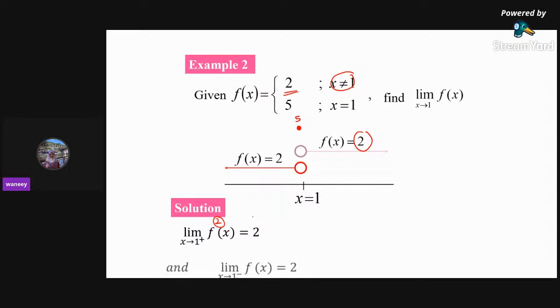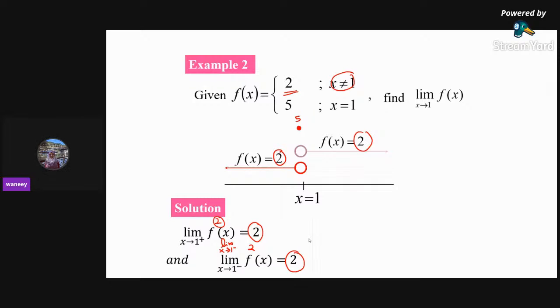And then the limit as x approaches 1 from the left hand side. So this is 1 on the left hand side. The function is 2 again. So this is the limit as x approaches 1 from the left hand side of 2, which is simply equal to 2. As you can see, on the right hand side and on the left hand side of 1, we get the same value.